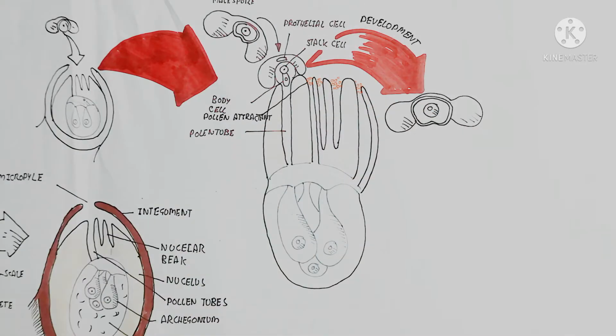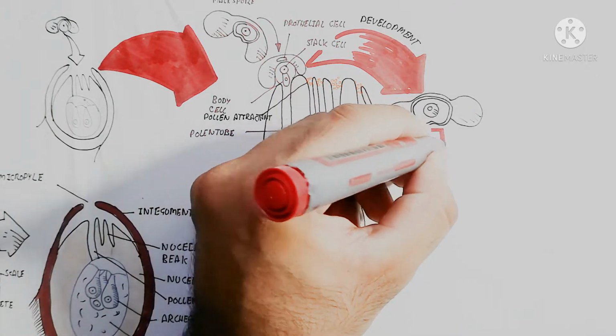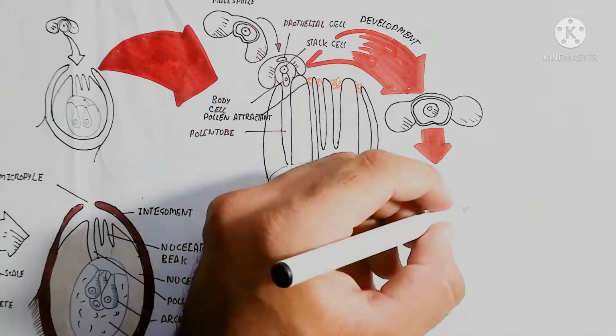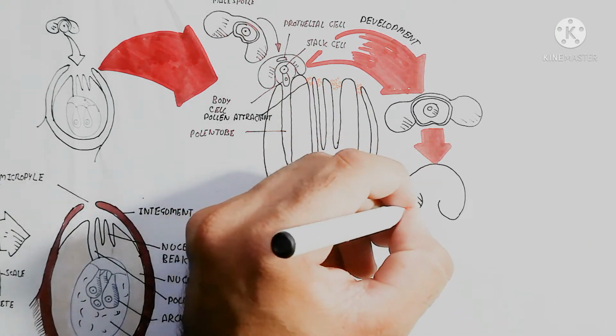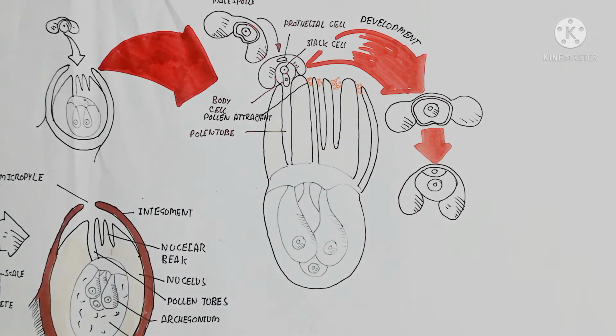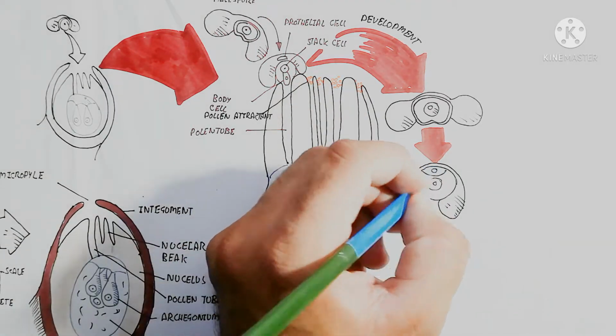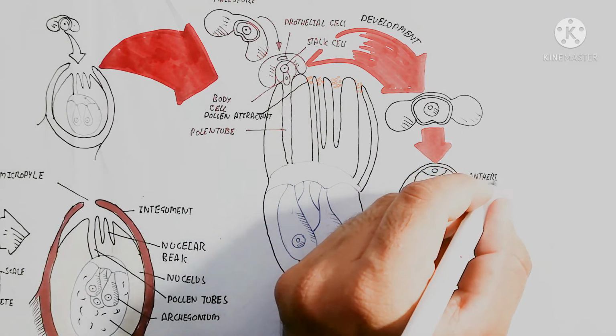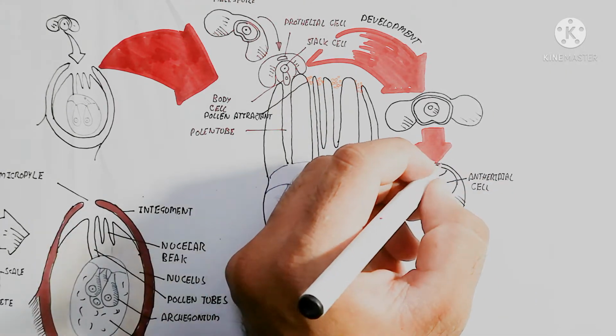Here is the development of the male gamete when it goes into the pollen chamber and moves into the pollen tube by this mechanism. Here is the nucleus, which is haploid. The first prothallial cell will be formed after the first division, a mitotic division.